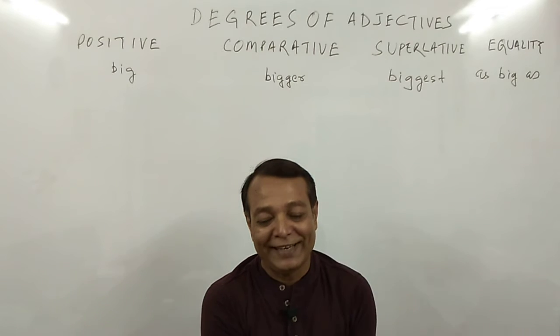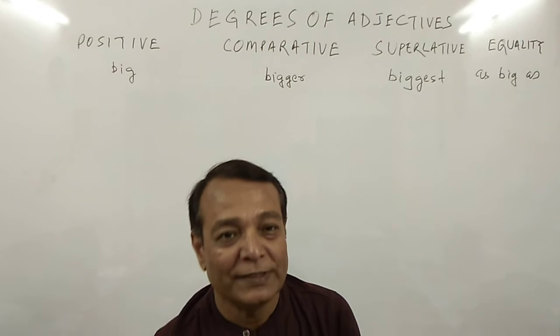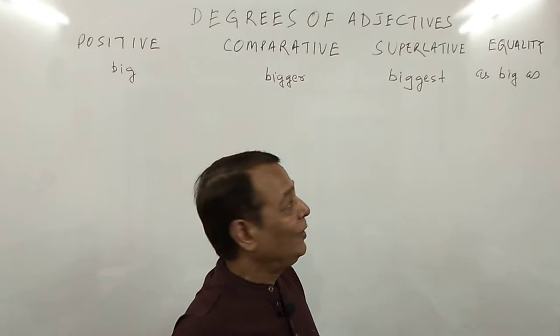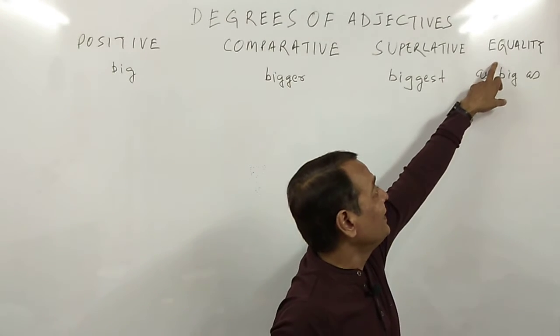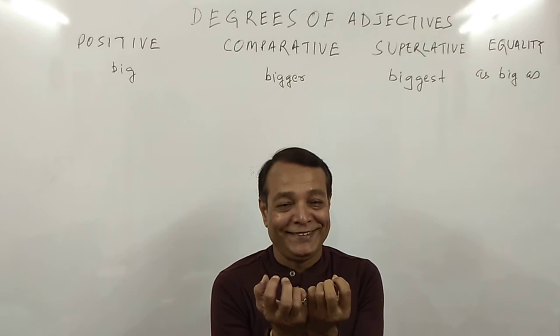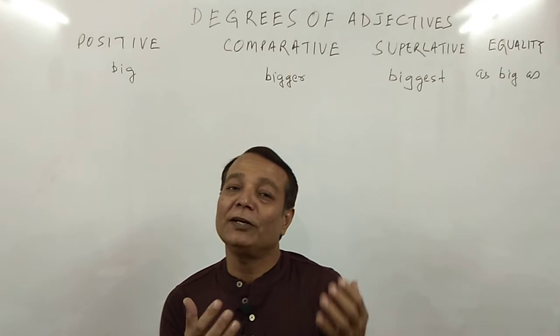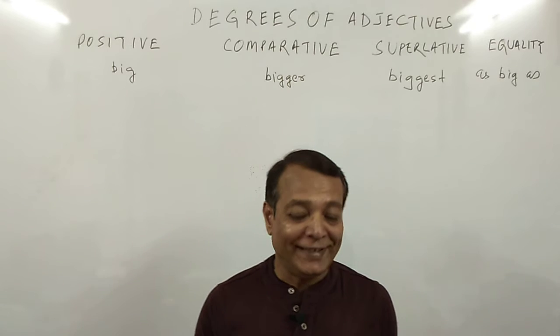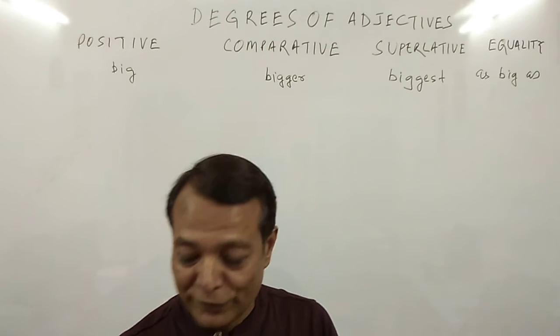So size wise I used big, bigger, biggest. Now we use equality. What is this? When 2 things are of similar size or 2 people are of similar quality, there is no difference, and in that situation we use that.